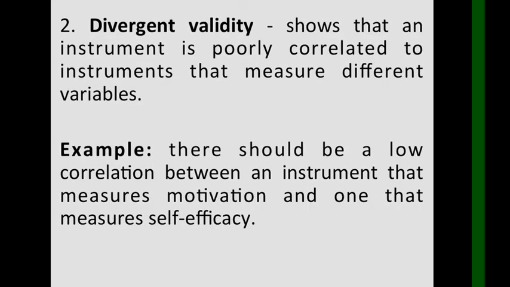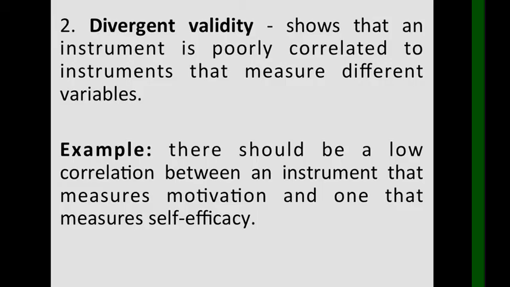Divergent validity shows that an instrument is poorly correlated to the instrument that measure different variables. Ano ba yun? There should be a low correlation between an instrument that measures motivation and one that measures self-efficacy. So, poorly correlated, ibig sabihin, there's no correlation between these two instruments that measure different variables.